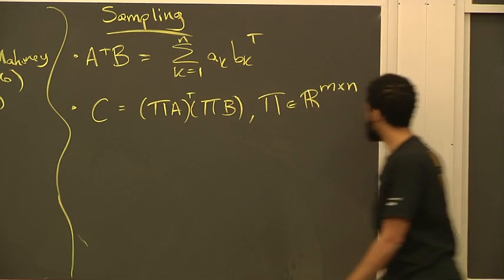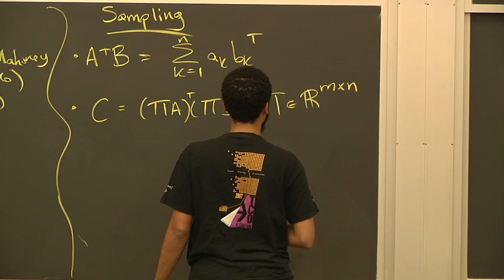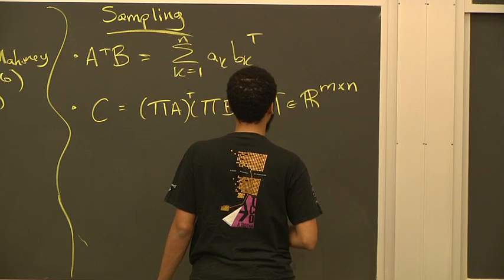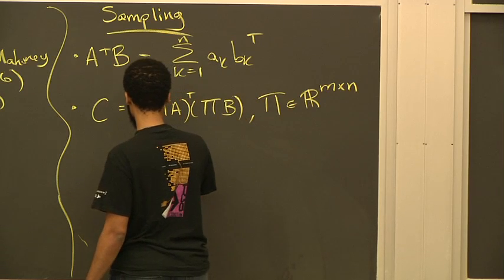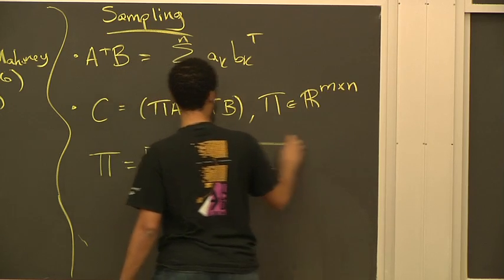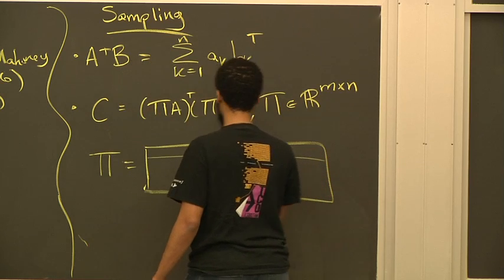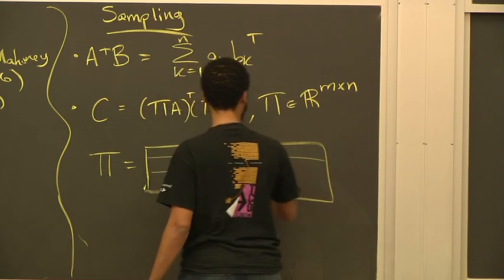And pi is going to be a sampling matrix. What do I mean by a sampling matrix? I mean each row has a 1 in a random location.